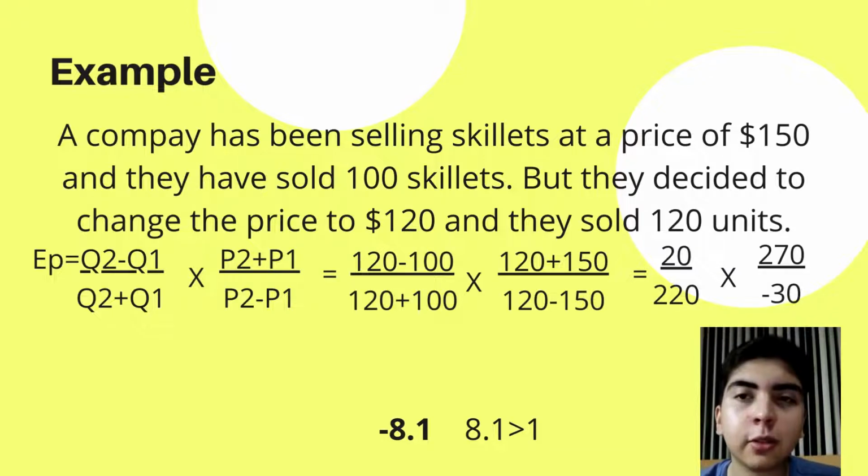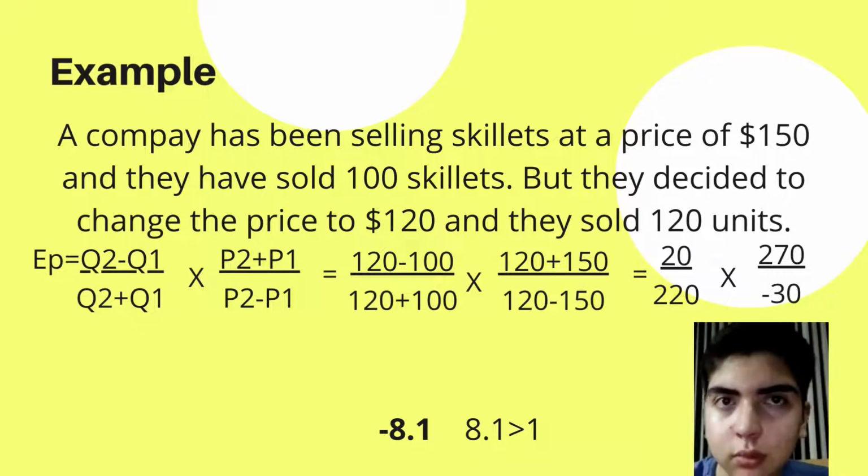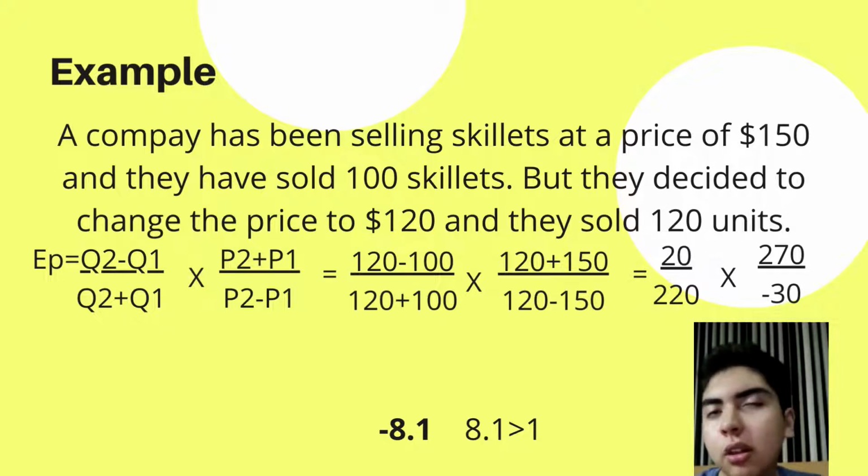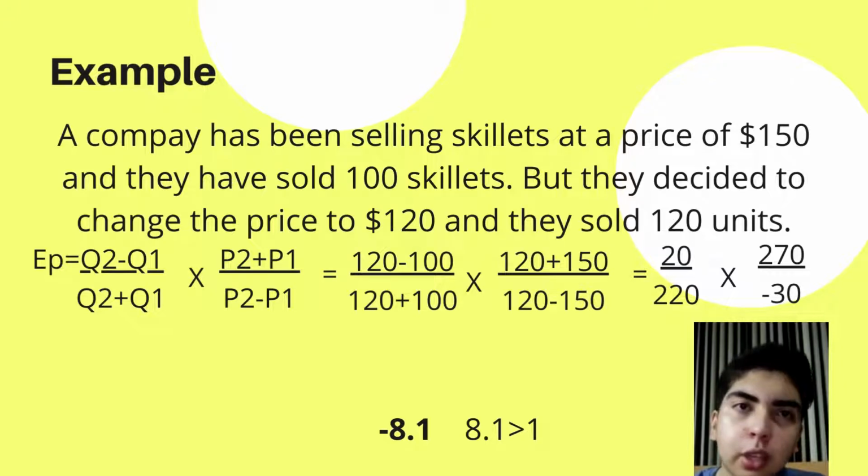The result of this will be minus 8.1. Here's something important that you need to know: the result will always be negative, so we ignore the sign and see the result just like in positive. And it is greater than 1, so our product is elastic.